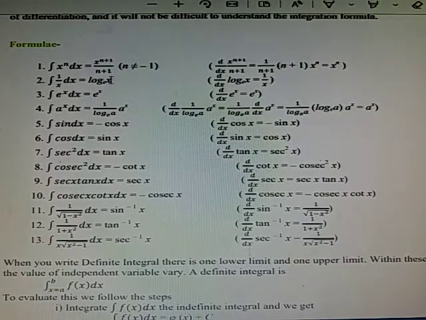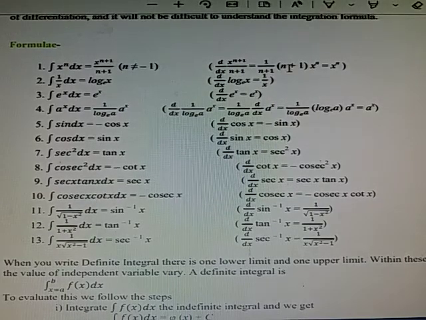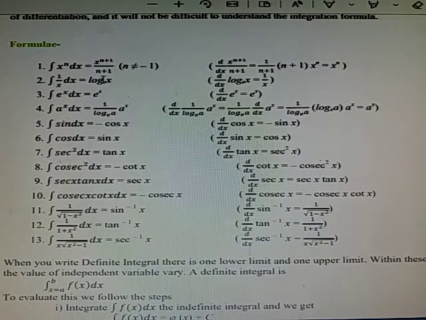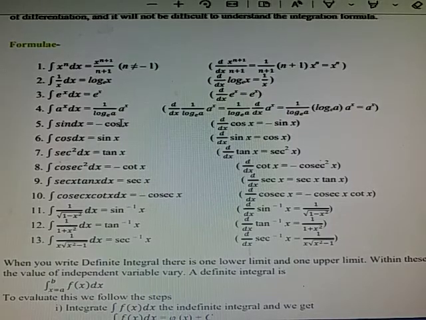This formula you have to remember, as this differentiation formula is necessary. In a similar way, these are also necessary. These are standard formulae. You have to make some chart and remember these things. Similarly, in trigonometric functions, d/dx of cos x is minus sin x, and integration of sin x is minus cos x.